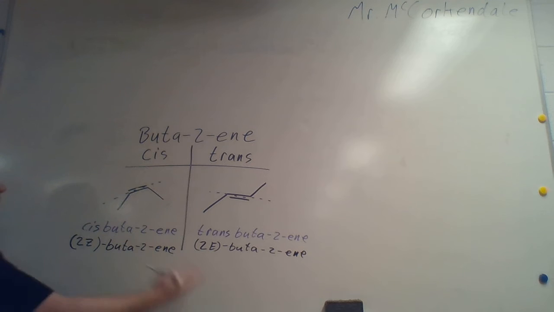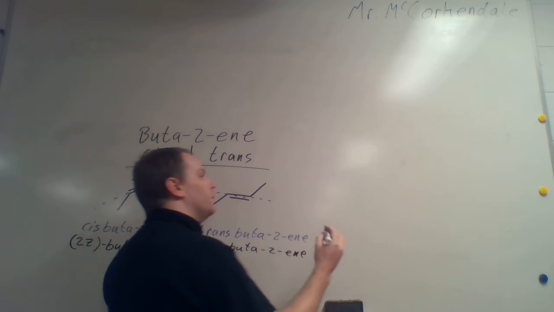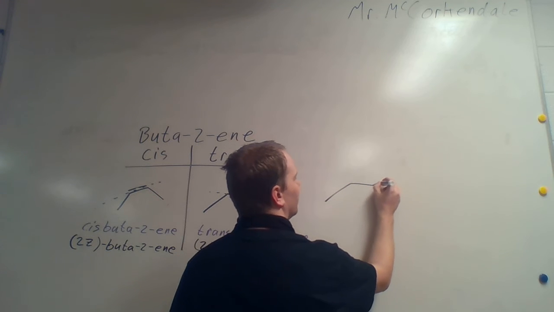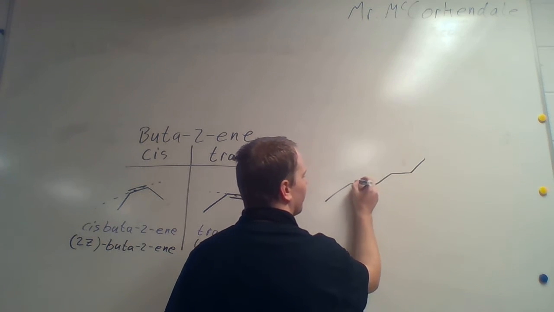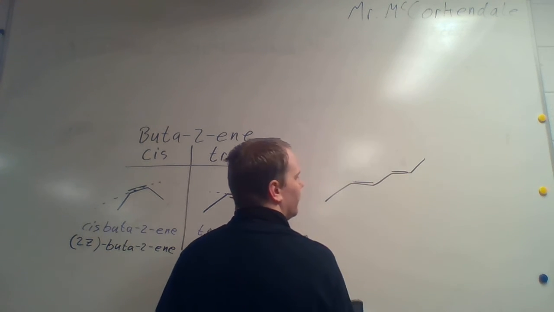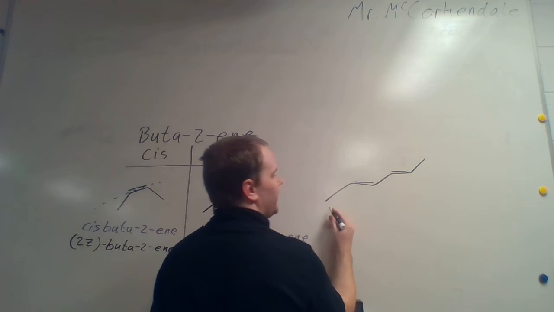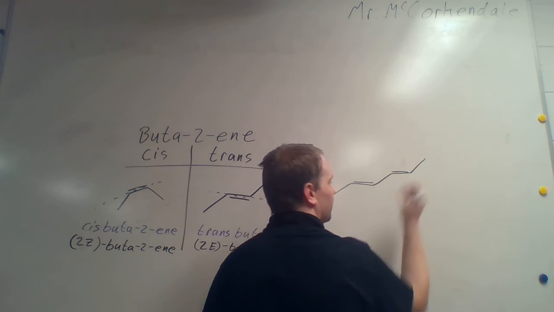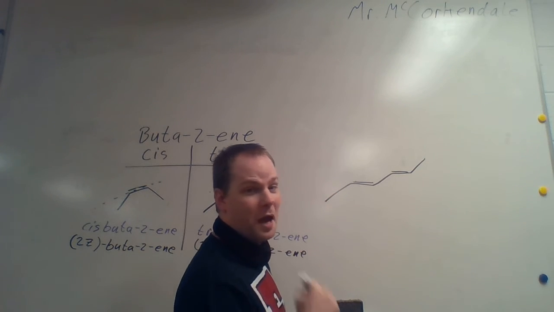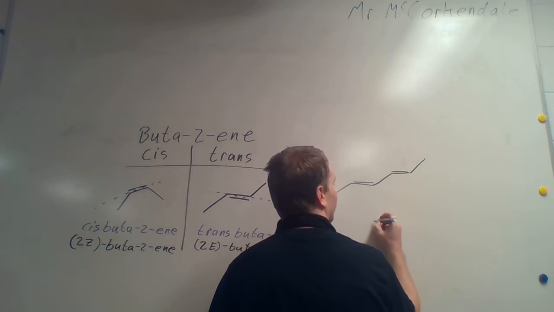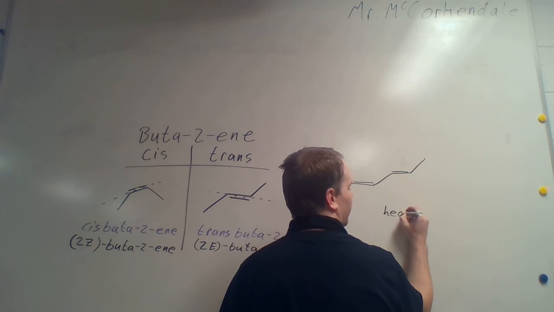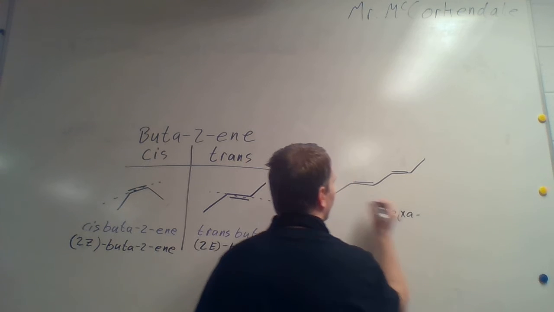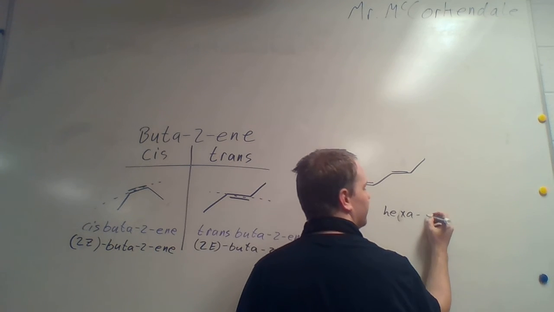Now, if there were multiple double bonds, so let's say we had this. So this would be a penta. 1, 2, 3, 4, 5, 6. No, it wouldn't. It would be a hexa. I can't count. So this would be a hexa 2,4-diene.